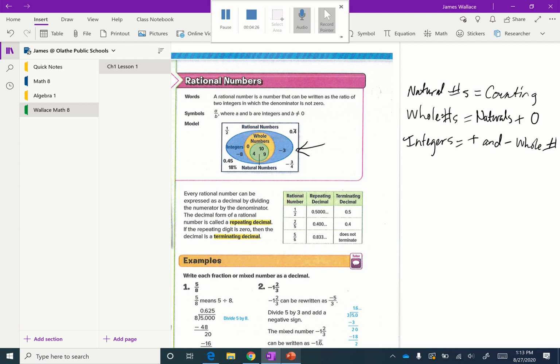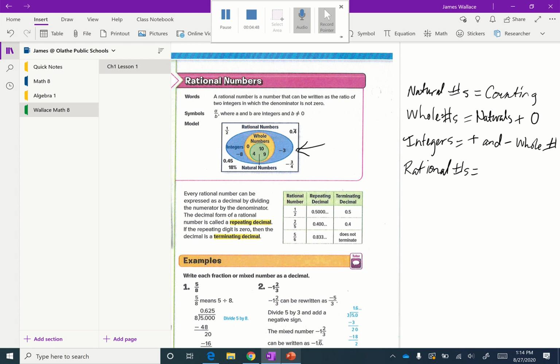The last one is your rational numbers, which is what we're talking about together today. Rational numbers include all three: natural numbers, whole numbers, and integers. But rational numbers are also numbers that can be expressed as a fraction of integers.